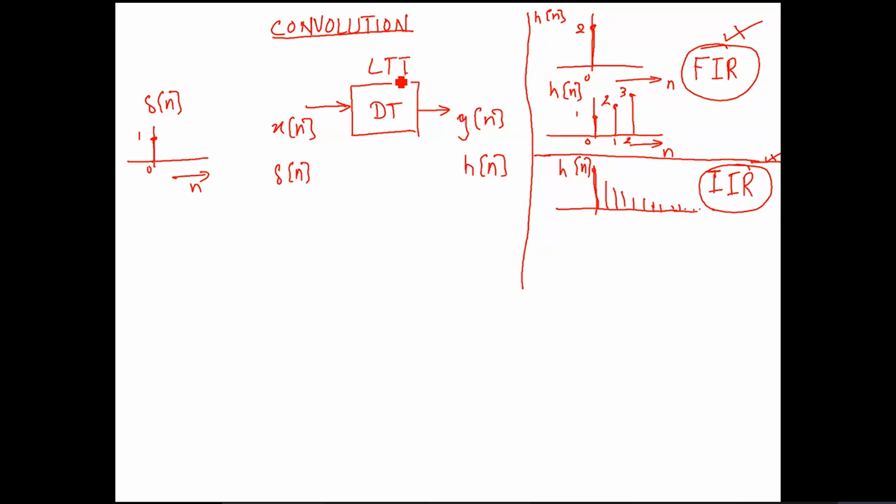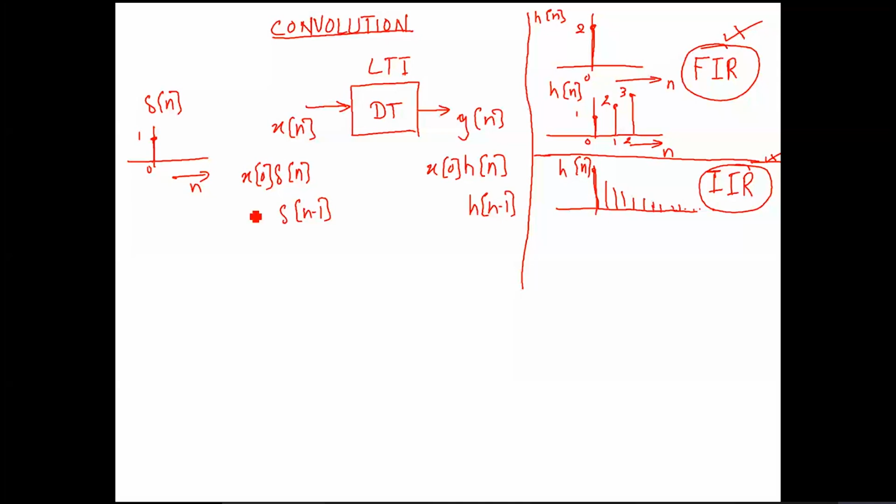Because it is an LTI system, it has the property of linearity and also time invariance. And linearity, we know, has two parts: one is the scaling part, the other is the additive part. So if we scale the input with any factor, the output will also get scaled by the same factor. Similarly, if we give a delayed impulse to it, the output that we get will be the delayed impulse response.